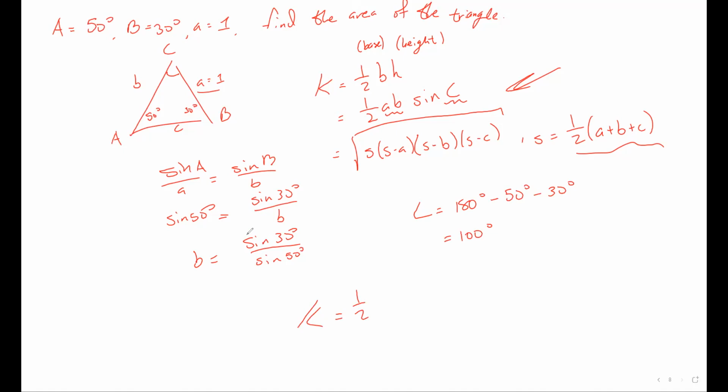Maybe it'd be easier to punch this into a calculator first, but regardless, it would work by just punching that in, and then we'd have sine of 100 degrees. And we just punch that whole thing into a calculator. And that'd be about it.